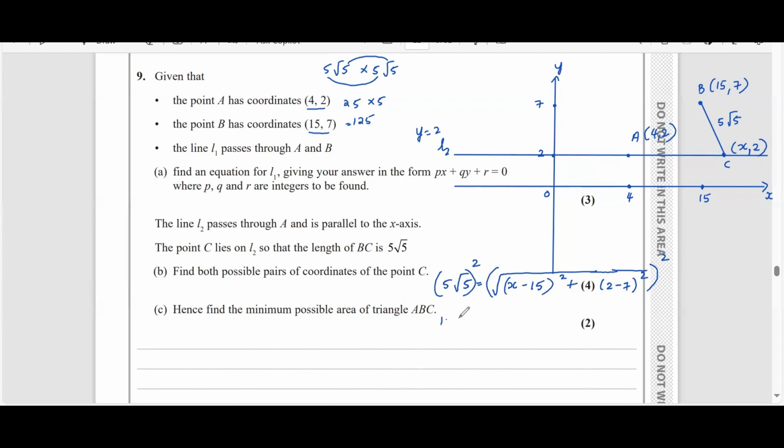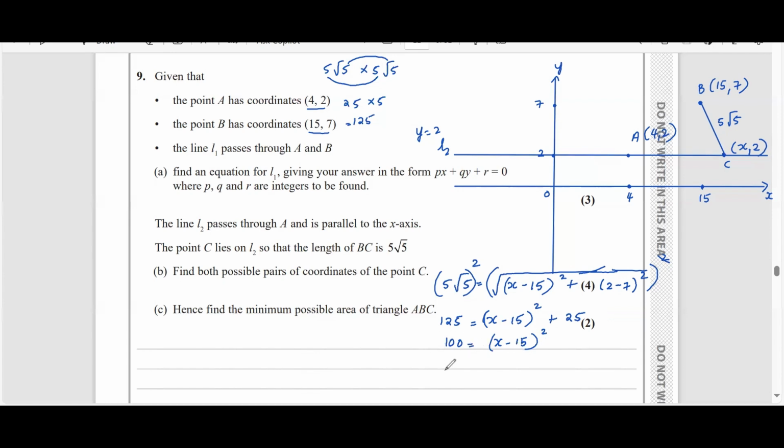On the left-hand side I have 125, and on the right-hand side the square root and square cancel. We are left with (x minus 15) the whole square plus (2 minus 7), which is minus 5, the whole square, that is 25. This 25 goes to the left-hand side, so 125 minus 25, that is 100, equals (x minus 15) the whole square.